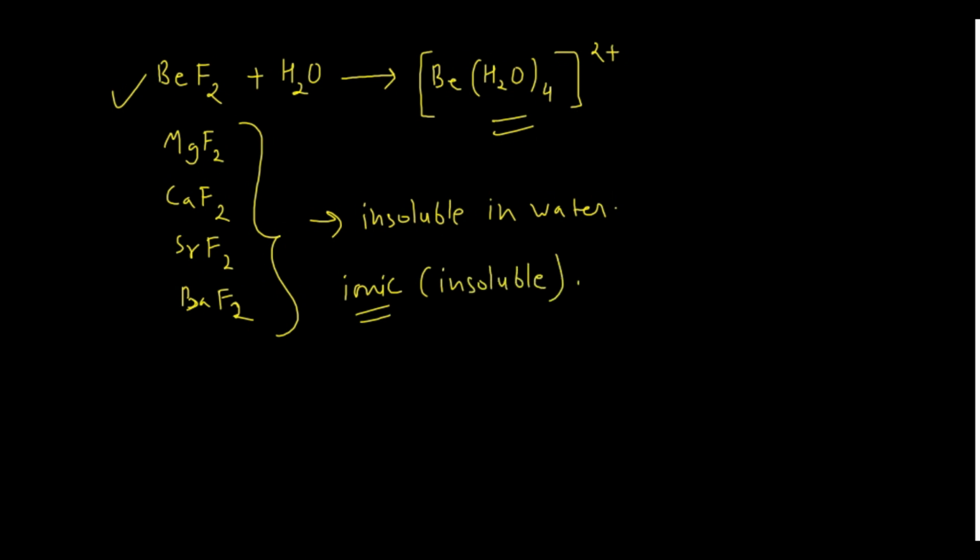Generally ionic compounds are soluble in water, but these metal fluorides, though ionic in nature, are insoluble in water due to very low solvation energy. When solvation energy is very low, your compound will not dissolve into the water. In case of beryllium fluoride, that's why it is water soluble, due to high solvation energy.